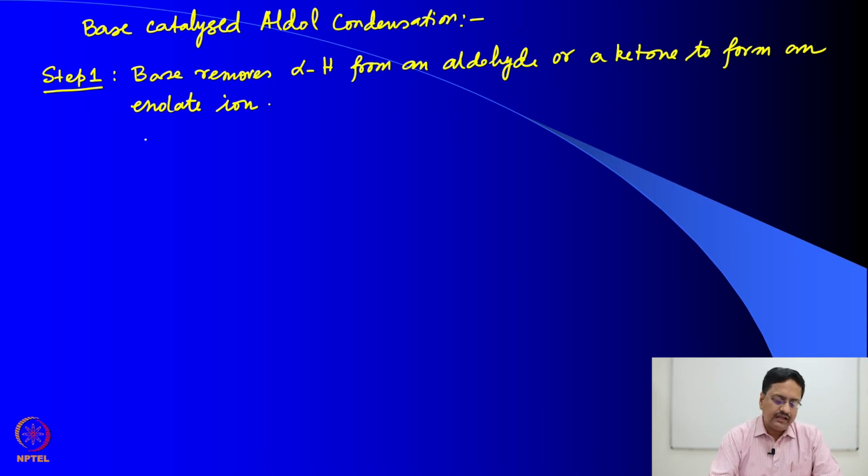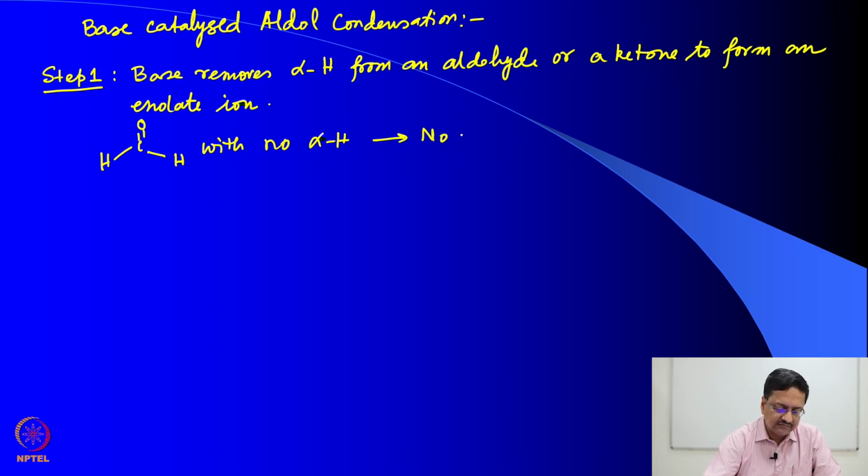So, it clearly indicates that if you use an aldehyde like formaldehyde with no alpha hydrogen, you will not get aldol condensation reaction.